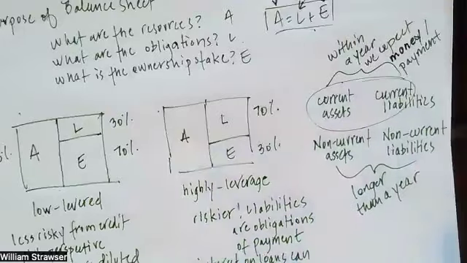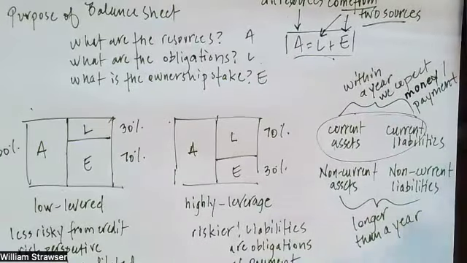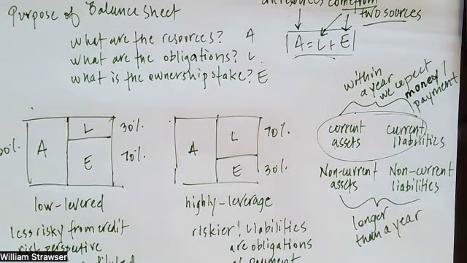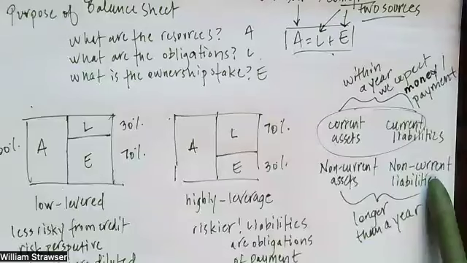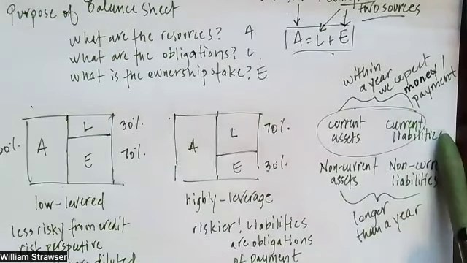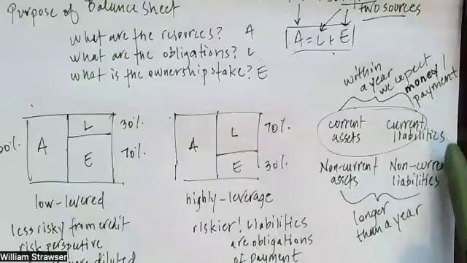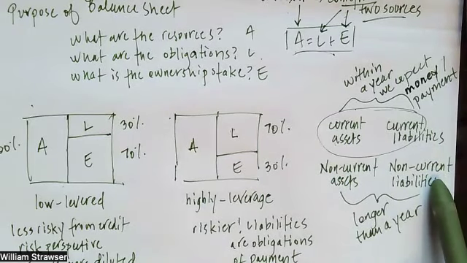So all of this usage in terms is again going back to the idea that we want to figure out risk. For example, non-current liabilities tend to be less risky than current liabilities simply because we have longer to pay off our non-current than our current liabilities.